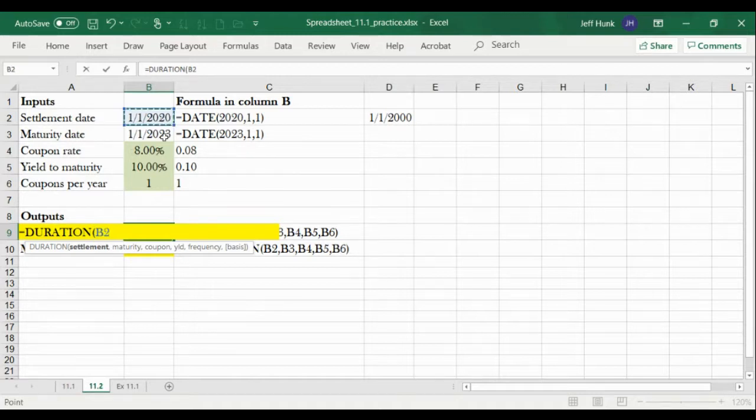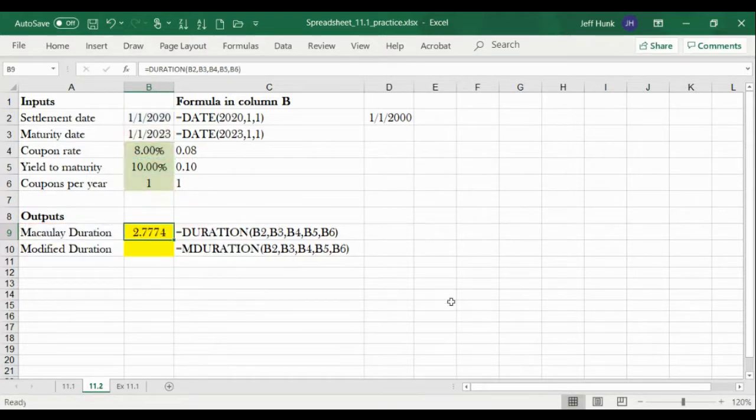Settlement is always now. Then the maturity date, and then the coupon rate, and then the yield, and you enter the frequency. Hit enter, and you get the result.